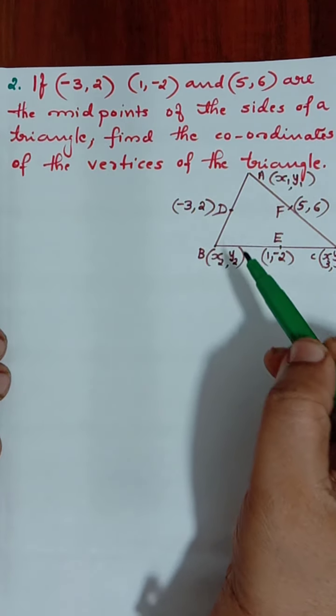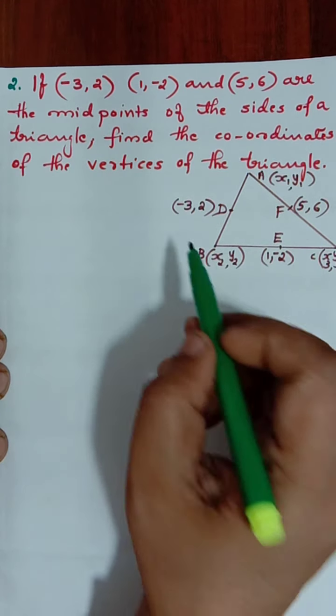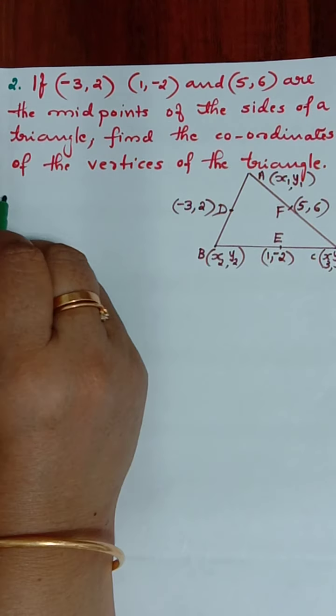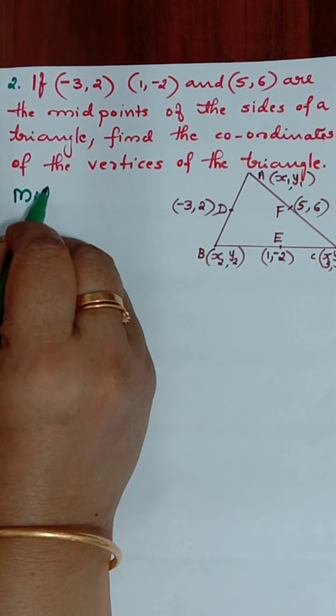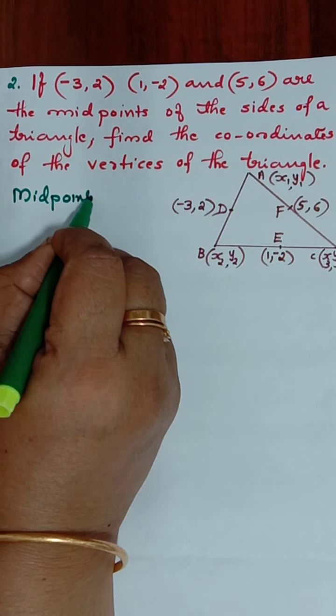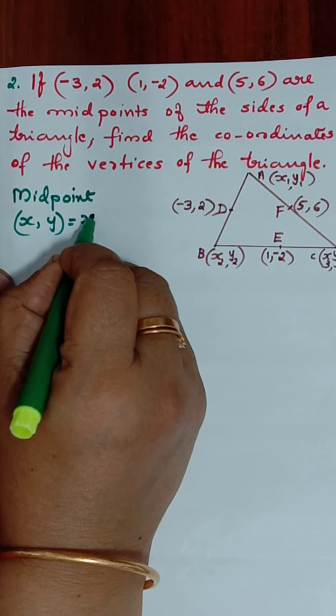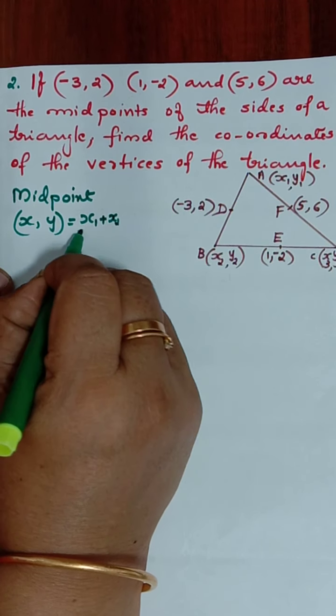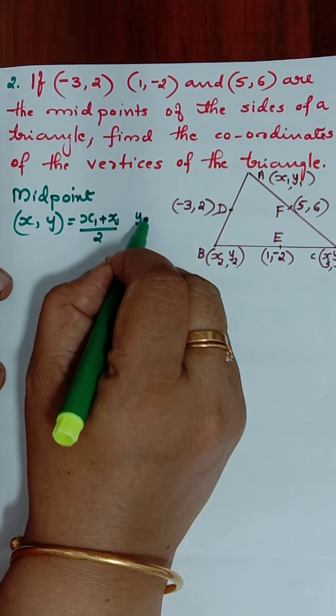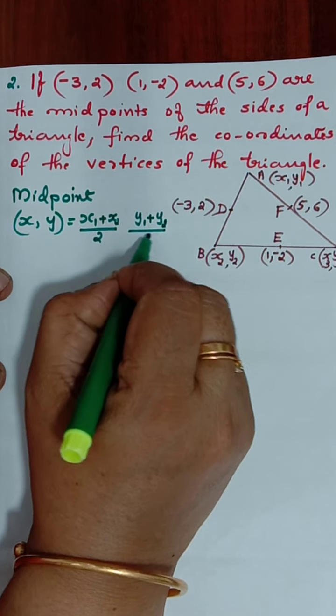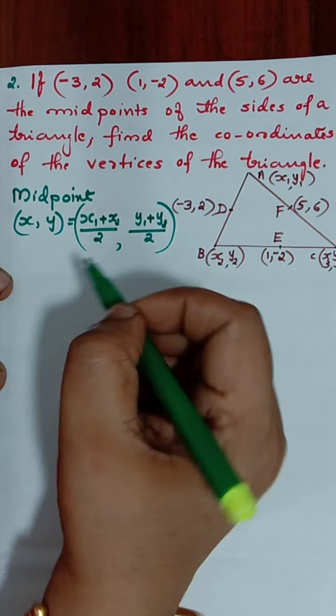So first we have to write the midpoint formula: the midpoint (x, y) is equal to ((x1 plus x2) by 2, (y1 plus y2) by 2). This is our midpoint formula.